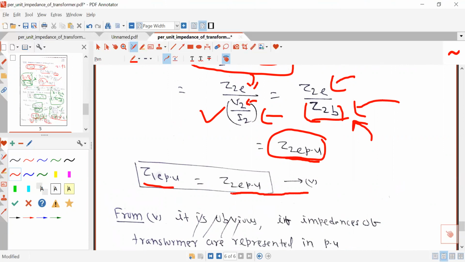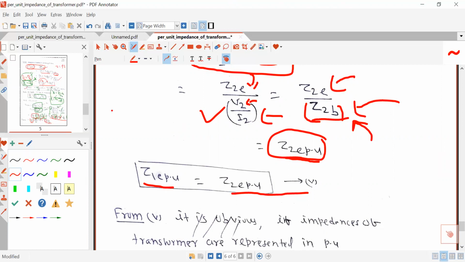So what are you analyzing here? If you use per unit impedance in place of ohm, if you write impedance in terms of per unit, then what is the advantage?